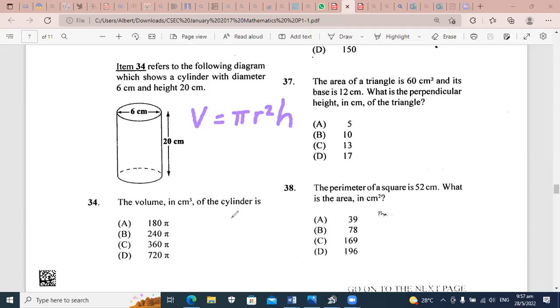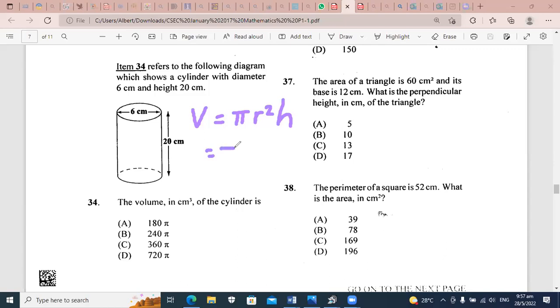The 6 represents the diameter. You're gonna divide it by 2? Correct, because 2 radii make up 1 diameter. So when I divide the diameter by 2, you get 1 radius, which is 3. Same thing.